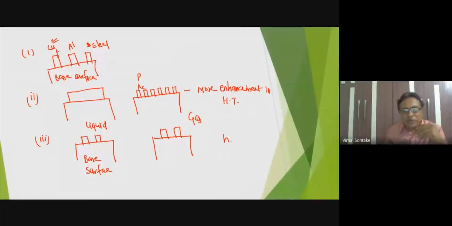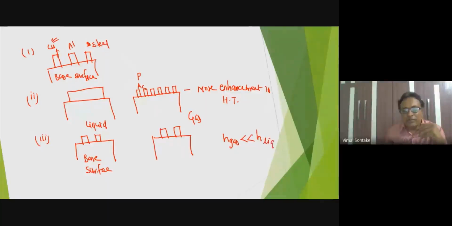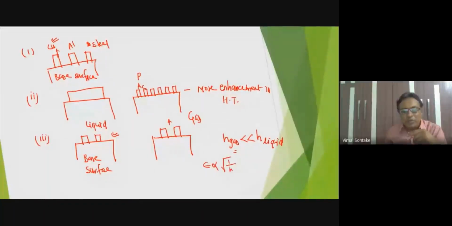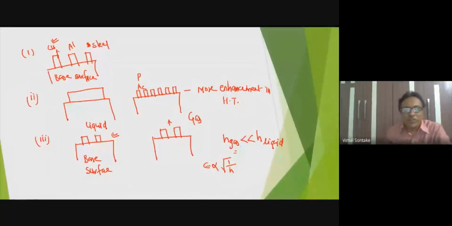Convective heat transfer coefficient of gases is much smaller than convective heat transfer coefficient of liquid. So in the second case, fins will be more effective in heat transfer enhancement than in case 1 because of this relationship of effectiveness with respect to convective heat transfer coefficient.